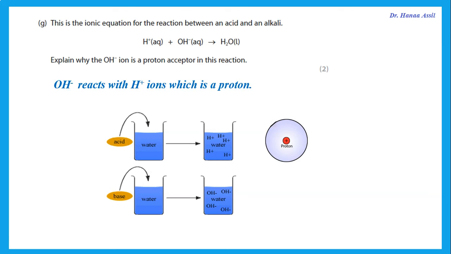So when we say hydroxide ion is a proton acceptor, this is because the hydroxide ion reacts with H plus ions, which is something that has nothing else but a proton in the nucleus.